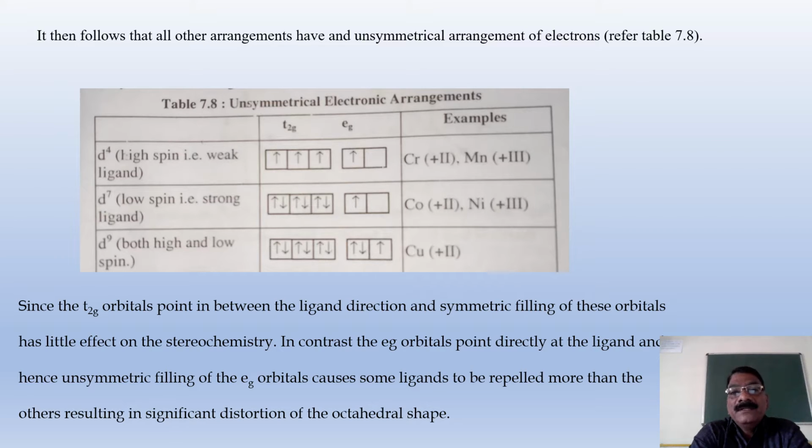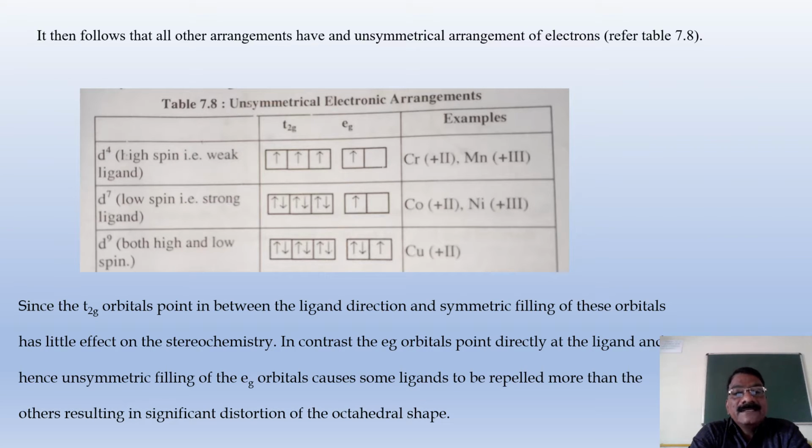So here the eg orbitals, particularly dx square minus y square and dz square orbitals, are unsymmetrically filled, and it will also affect the d7 system in strong field. See t2g6 and eg1, here again the t2g orbitals are symmetrically filled and the eg orbitals are unsymmetrically filled. We know t2g orbitals are in between the axes, in the xy plane, while eg orbitals are along the xy axes as well as the z axis.